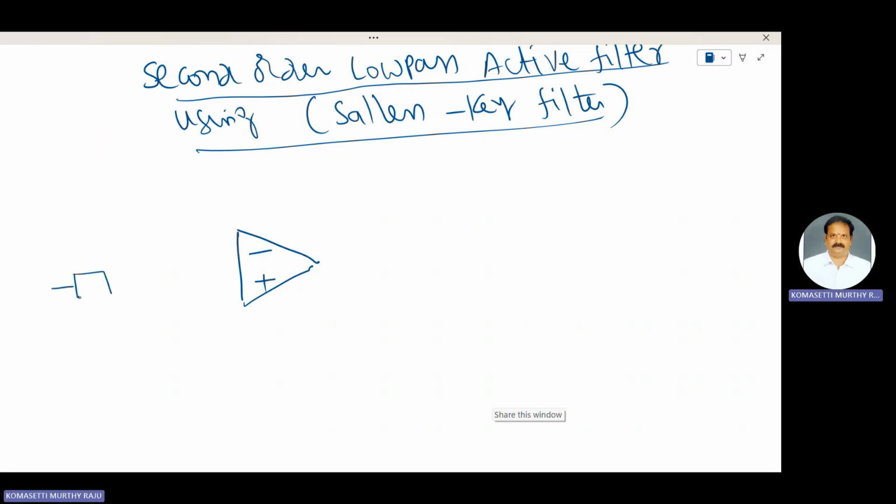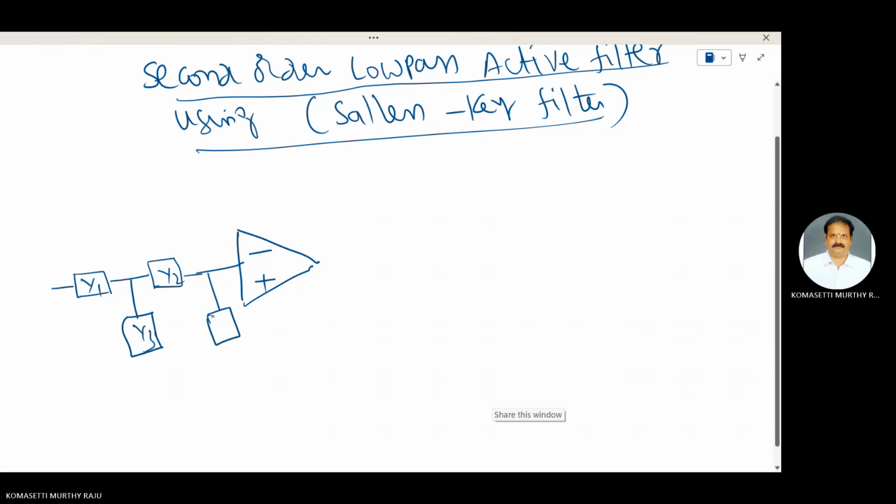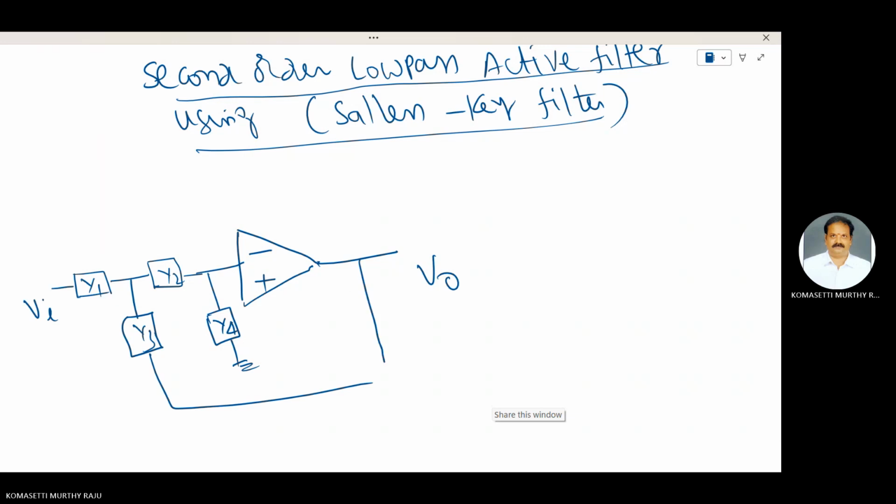This one is Y1, this one is Y2, this one is Y3, and this one is Y4. The output of the filter is V0. The input to this filter circuit is Vi. A load resistance RL is connected here.